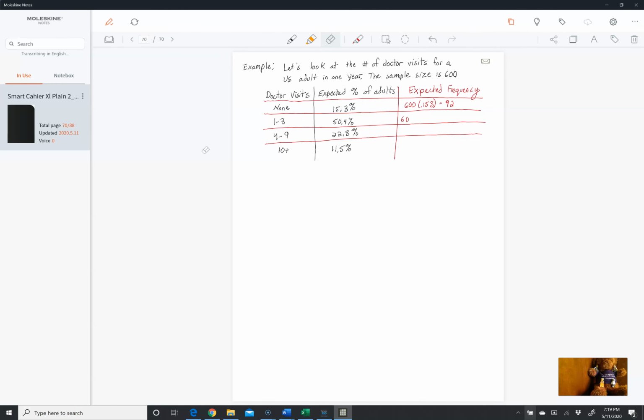For this one, you get 600 times 0.504. When you round to the nearest whole, that's 302. 600 times 0.228. Notice we're moving the decimal point 2 spaces to the left. We get 137.